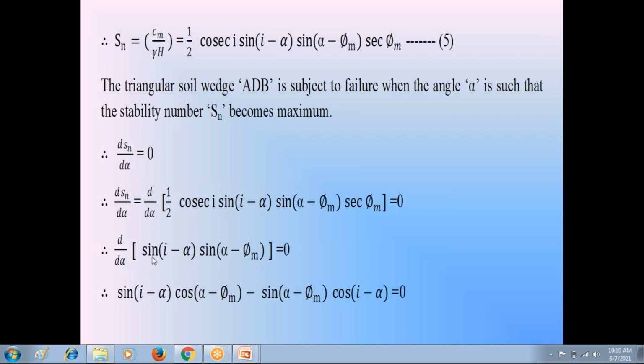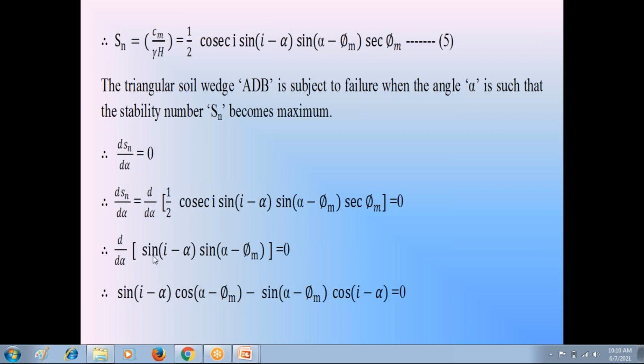So d by d alpha of sin(I minus alpha) sin(alpha minus phi m) is equal to sin(I minus alpha) into d by d alpha of sin(alpha minus phi m), which is cos(alpha minus phi m).